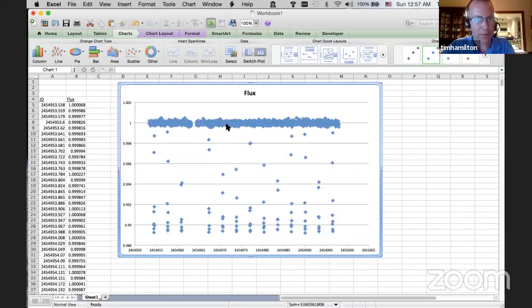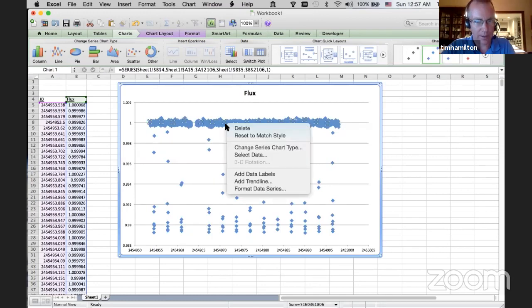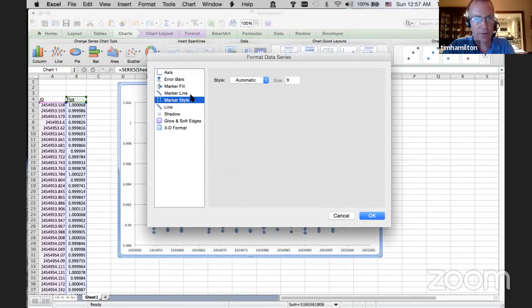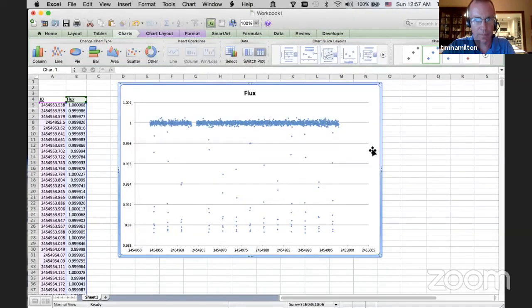So here it makes the dots too big to see what's going on here. And I'm going to right click and format the data series so I can make the dots smaller. Marker style, automatic, it won't let me change the size. Okay, that's good there.